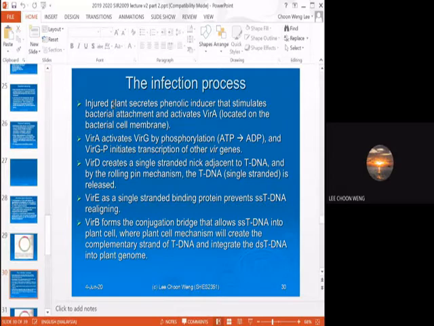its infection process. Similar to humans, our skin is our most important defense mechanism. So long as our skin is intact, we are not so susceptible to diseases.